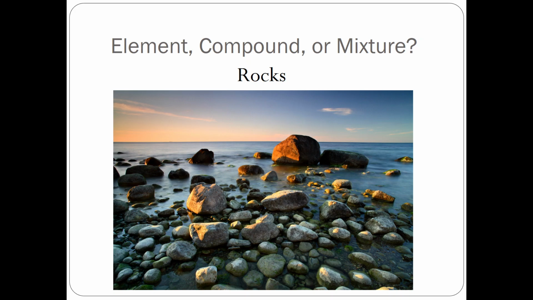If you can see a difference in color on a rock, that means it is not one compound. So it's a mixture of different types of metals and materials. If it was an element or compound, they would all have the exact same properties, which means they'd all be one color.